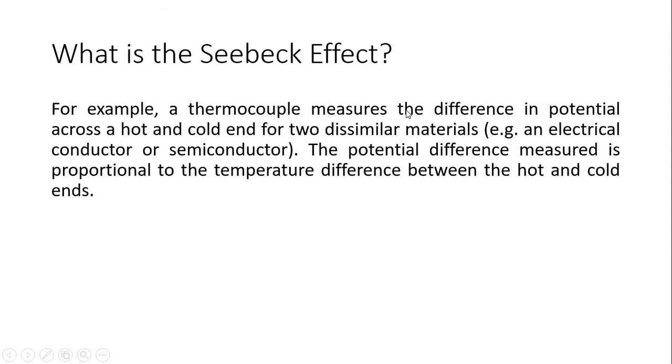The potential difference measured is proportional to the temperature difference between the hot and cold ends. Means the difference between the hot and cold junction is directly proportional to the potential difference measured between these two ends. This potential difference is generated due to the Seebeck effect.